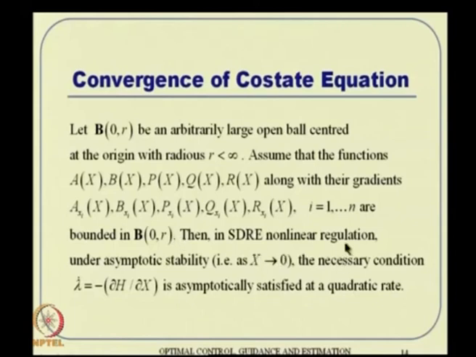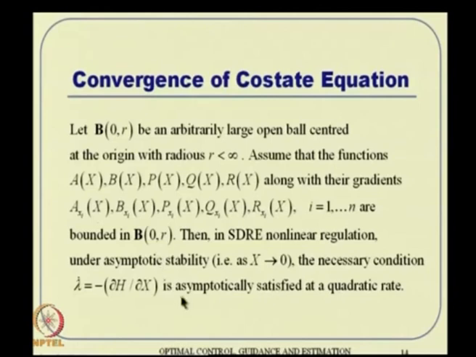Then it tells you that in SDRE nonlinear regulation, under asymptotic stability, that means when x tends to 0, the necessary condition lambda dot equals minus del s by del x is asymptotically satisfied, and not only that, it is satisfied at a quadratic rate as well. To summarize simply, all you have to make sure is that all these state dependent functions as well as their partial derivatives remain bounded in that ball.